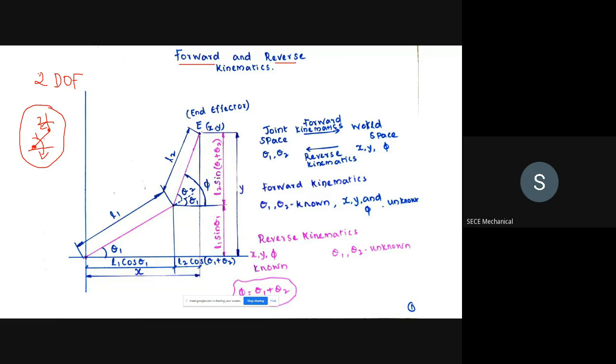Now I am going to use 2 letters, X and Y. It is E of X comma Y, the location of this end effector at this position.